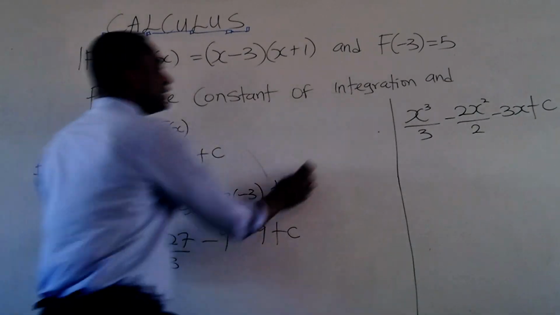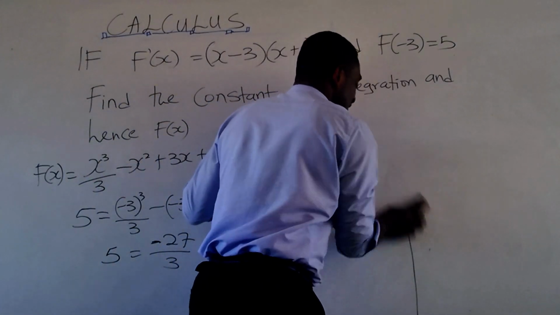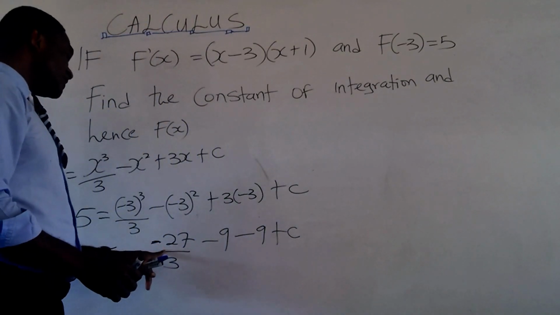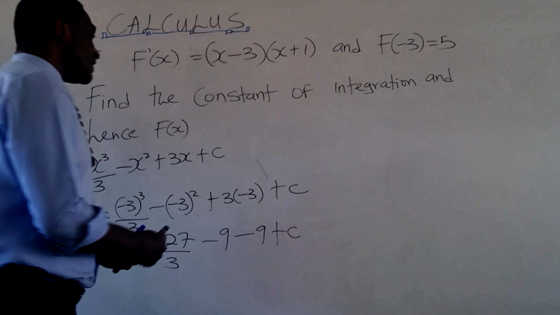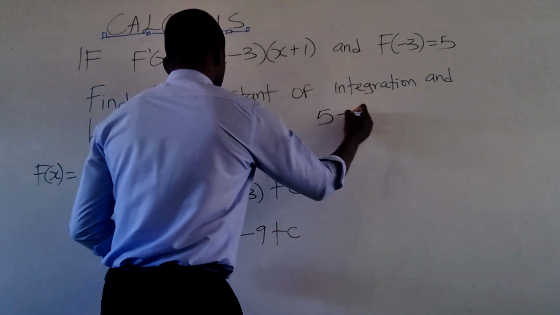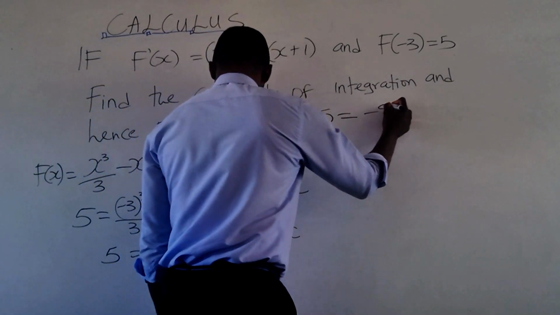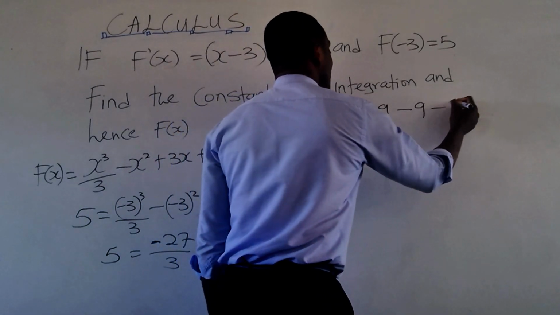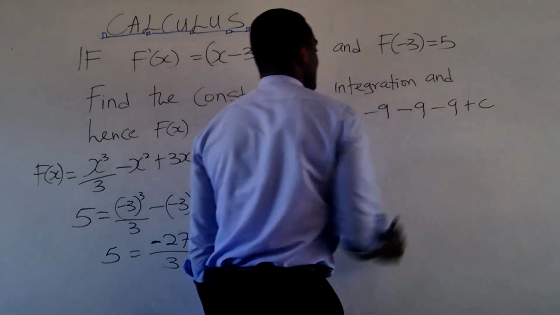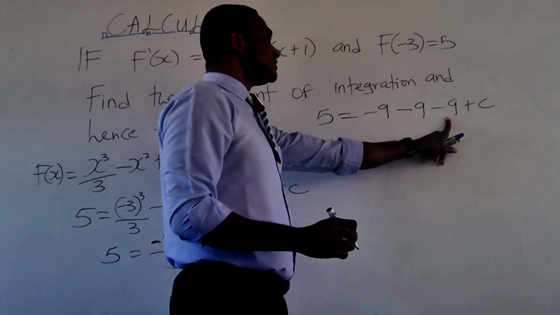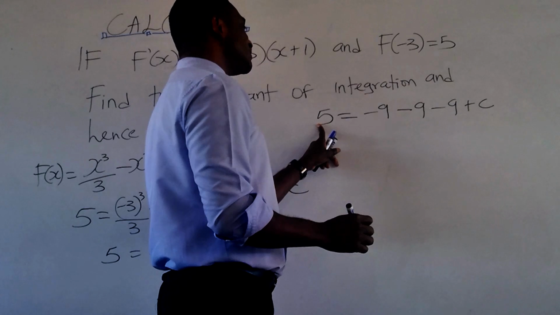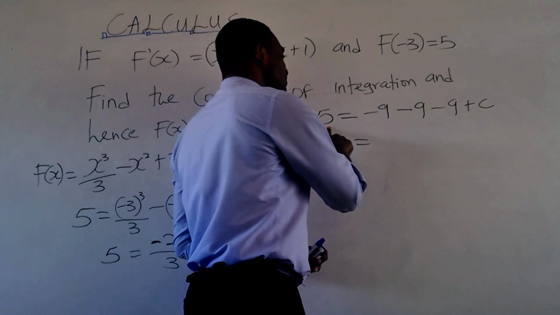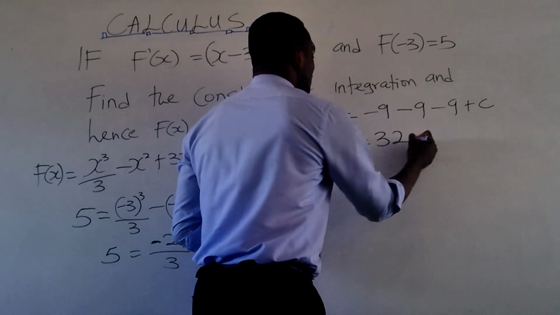So going forward, let's complete the simplification to get our c. Negative 27 divided by 3, so we have 5 equals negative 9, negative 9 plus c. So this is negative 27. Coming over becomes positive 27, so c will be 27 plus 5, which will give us 32.